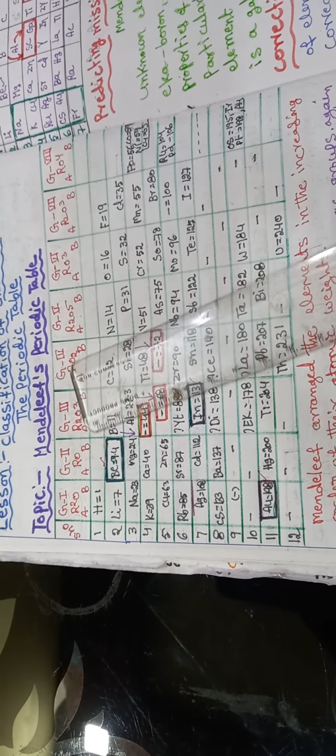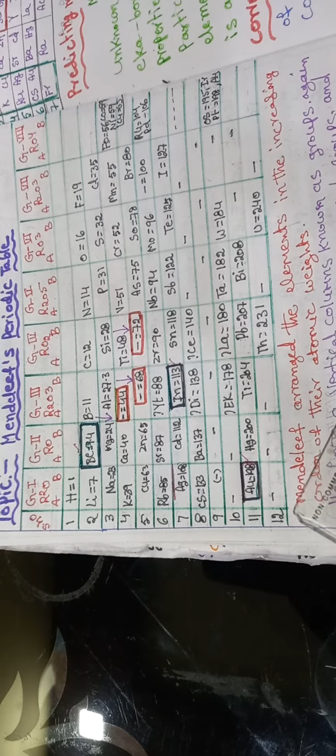Group 1, Group 2, Group 3, Group 4, Group 5, 6, 7, 8. The numbers given for groups appear as Roman numerals. Next, the periods 1, 2, 3, 4, 5, 6 up to 12 are given in Arabic numerals.